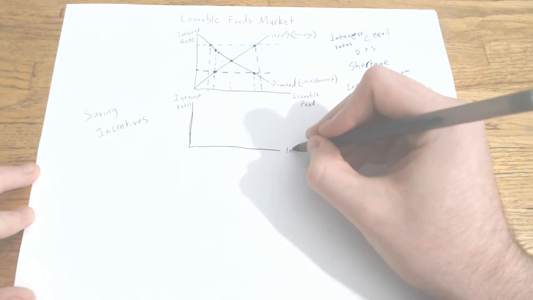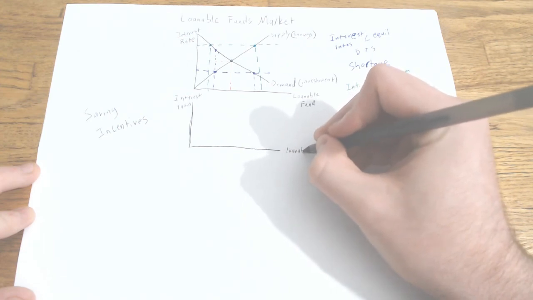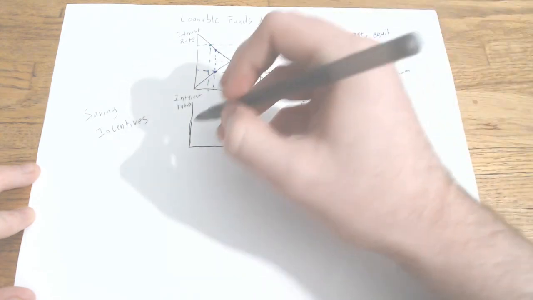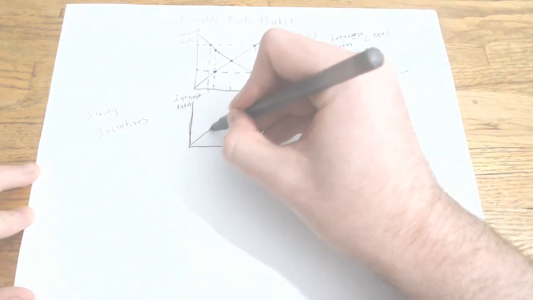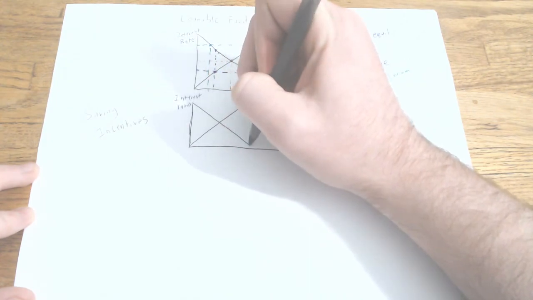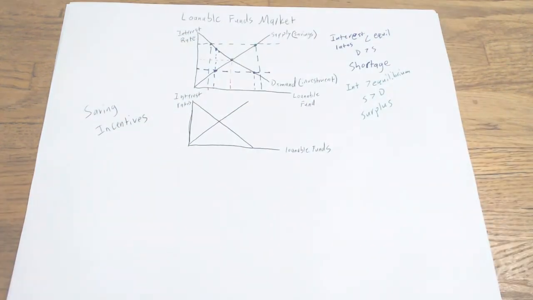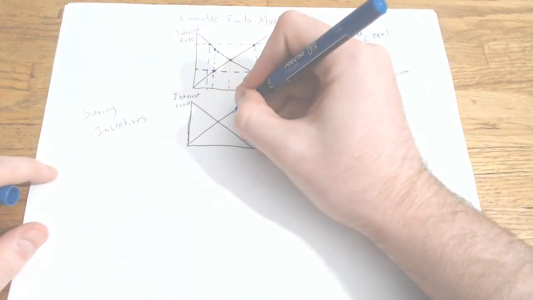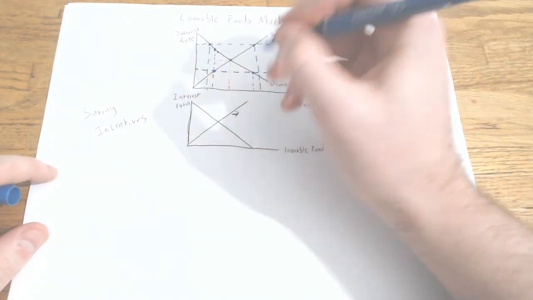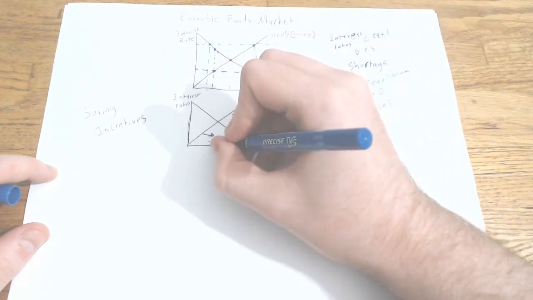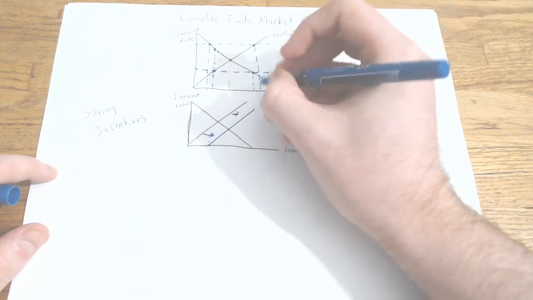Multiple funds. Our savings is here. Our investing is here. Our shift, we said, was going to be to the right. So it's going to be like so.